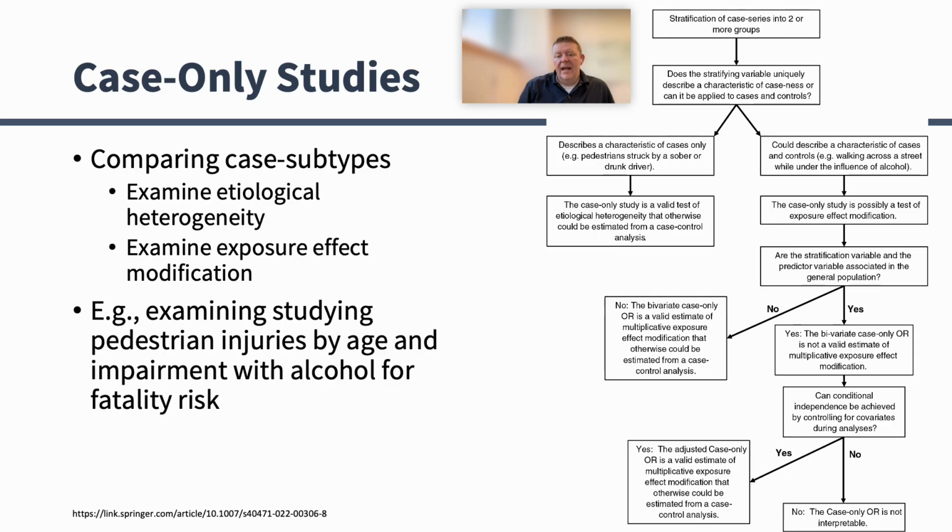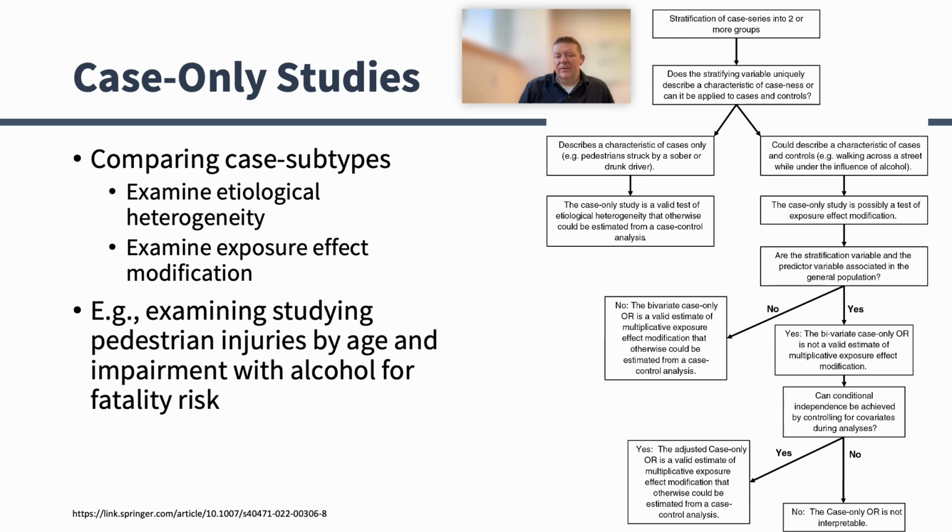These are really all fatal cases in that database, but it's been used for many studies to compare differing alcohol levels and risk of death among passengers of the same vehicle, or seatbelt use, or pedestrian injuries by age and impairment. So these are some examples of that.